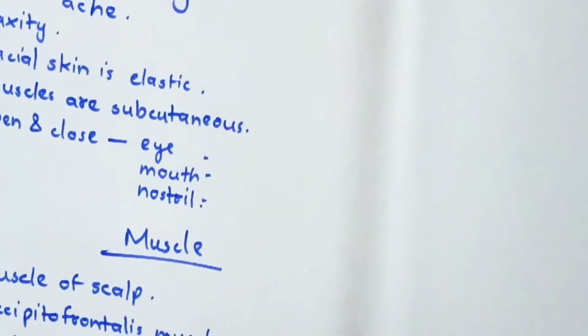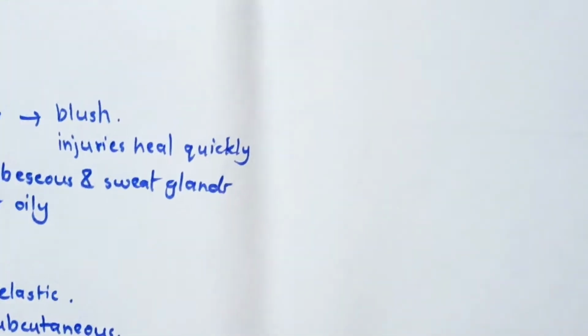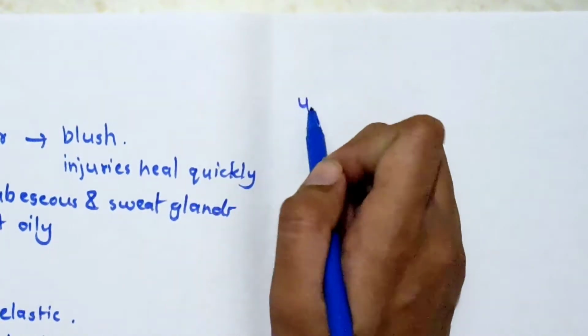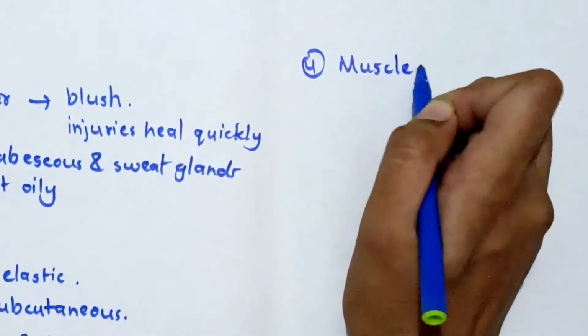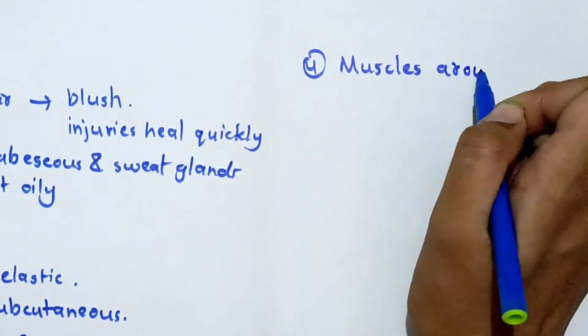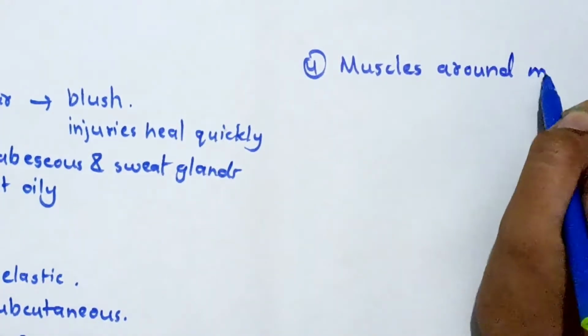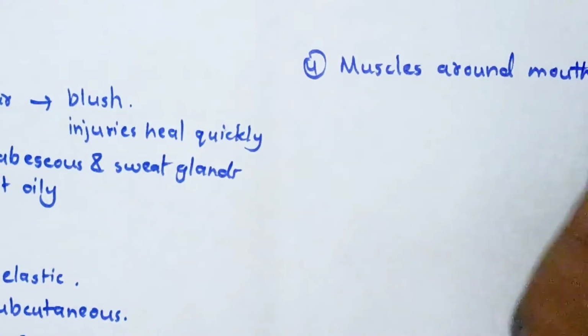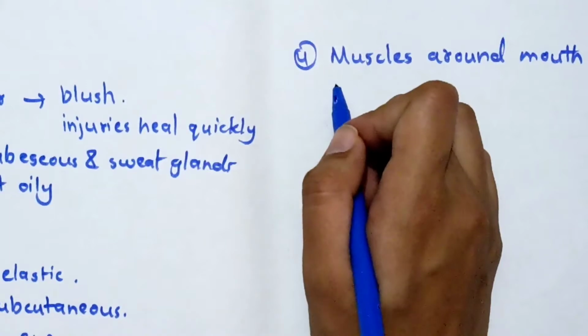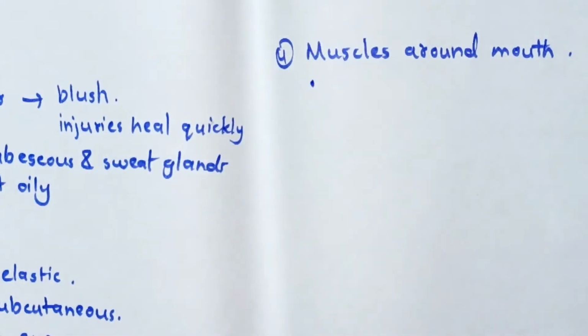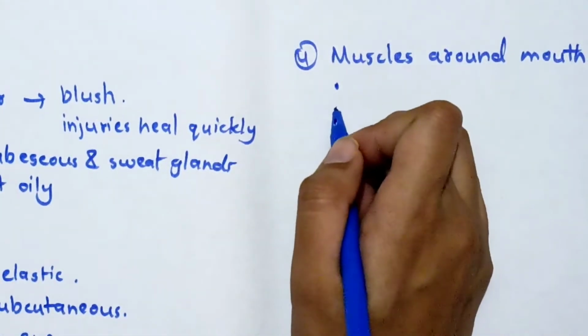Now the fourth division is muscles around the mouth. Here we have around 11 muscles.